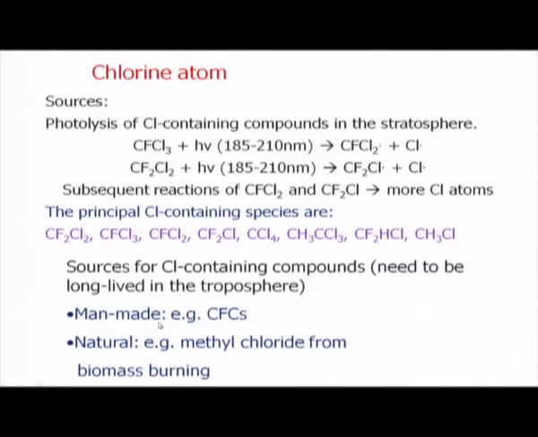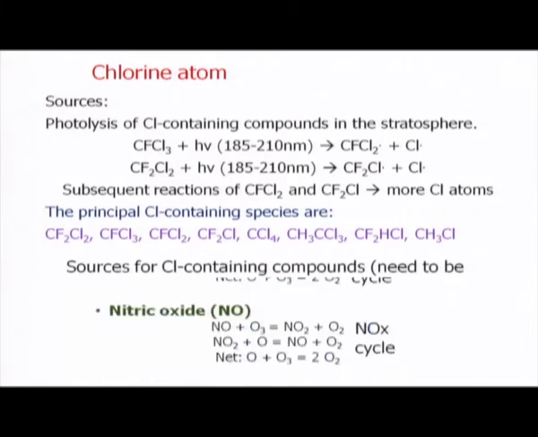So, both man-made CFC compounds predominantly, and naturally if you burn any biomass, that may lead to methyl chloride. Any chloride compounds are there that will combine, and ultimately methyl chloride may be formed, that also escapes into the top of the atmosphere and generates radical species due to photolysis and brings out ozone depletion.